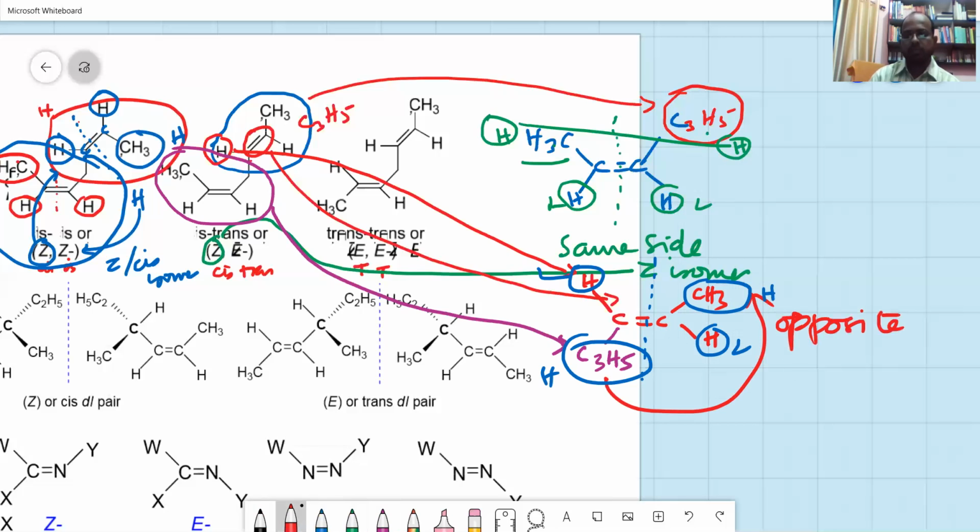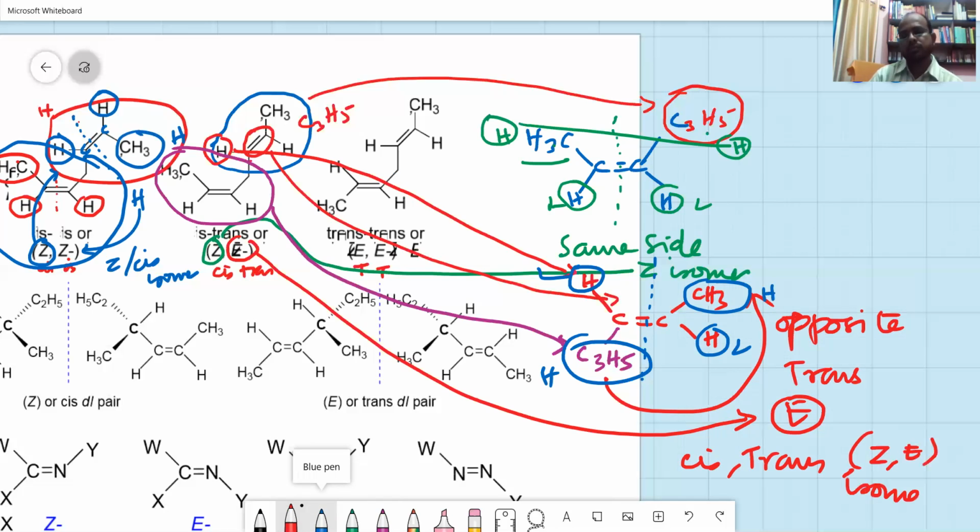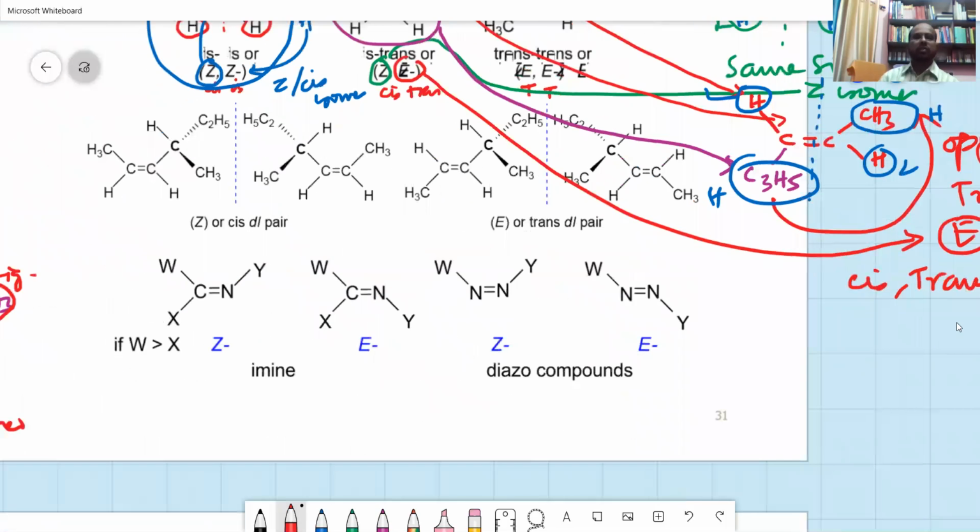Therefore, they are called trans, and therefore it is E. So you have this as the E isomer. Okay. So this isomer has cis as well as trans, and therefore you can write it as a Z,E isomer. So this is one way of writing things very easily.